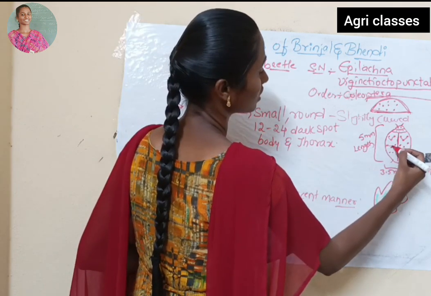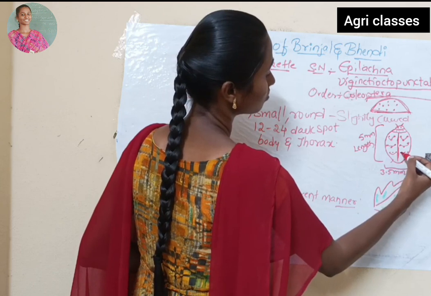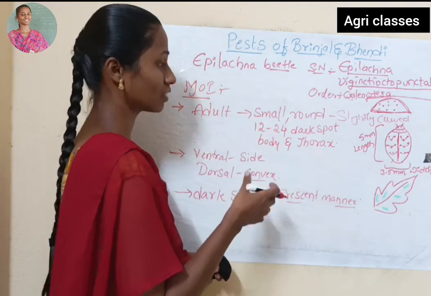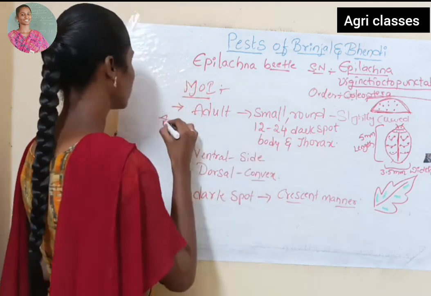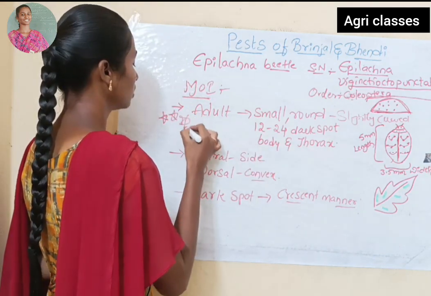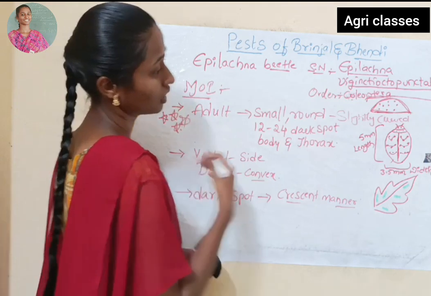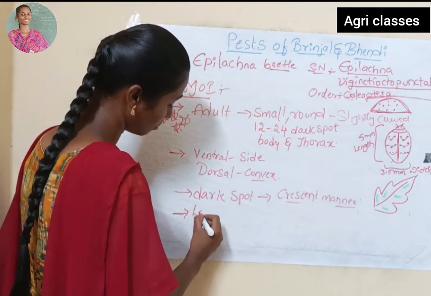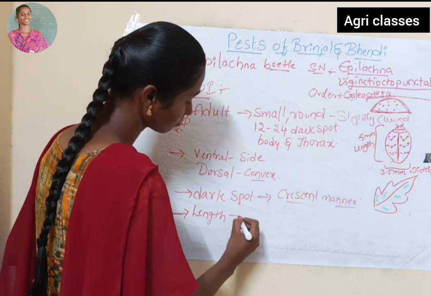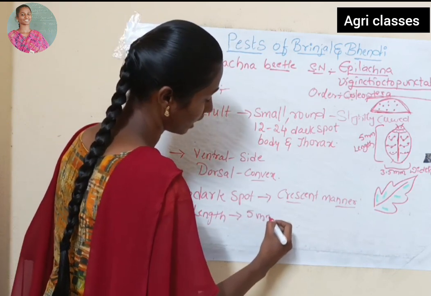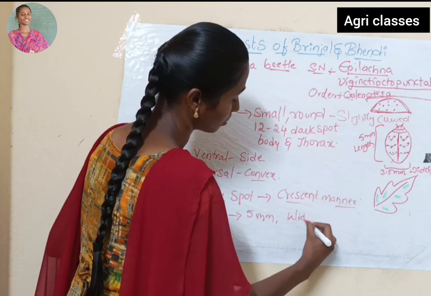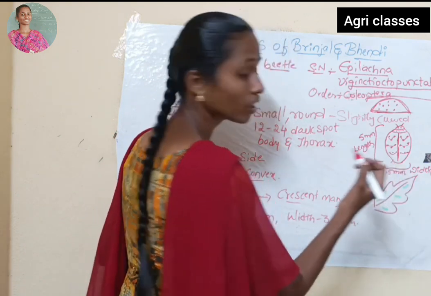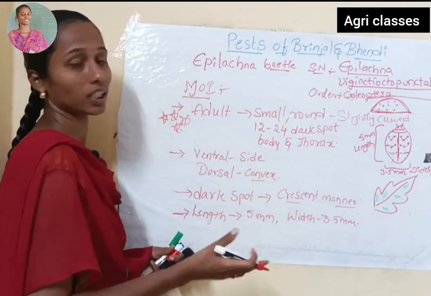Here we can observe the spots. These are 12 to 24 spots we can observe. This is the most important bit for the competitive exams. Then here the length of the beetle is 5 mm in length and width is 3.5 mm. Okay, so this is about adult.